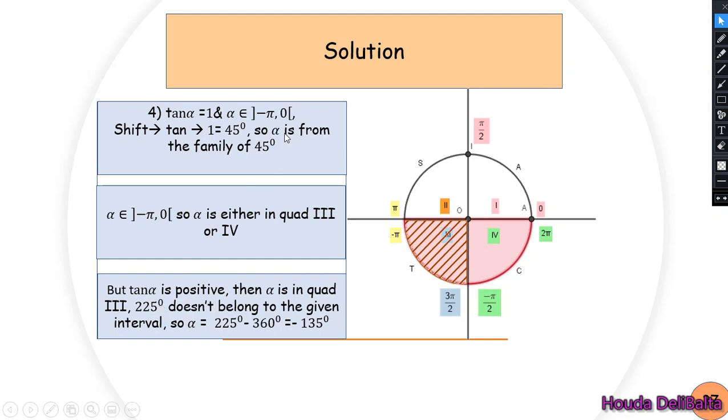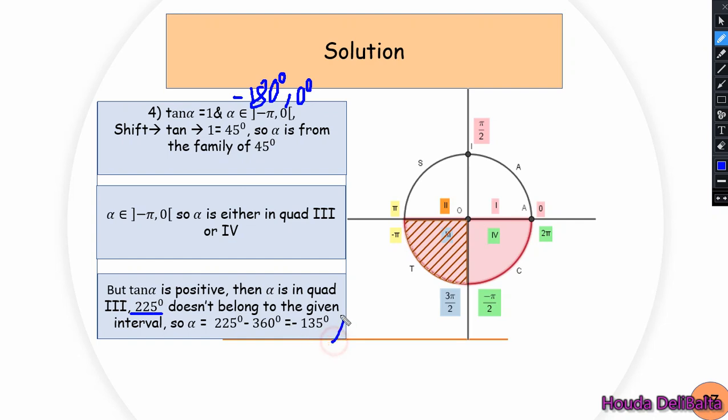But 225 doesn't belong to this interval, because this interval is bounded by minus 180 and 0. So all the angle measurements between these two values must be negative, and 225 doesn't belong to this interval.